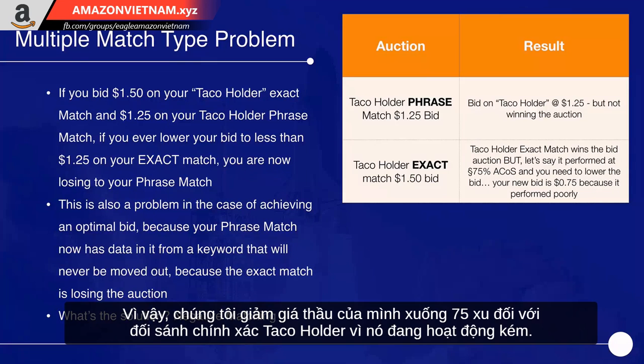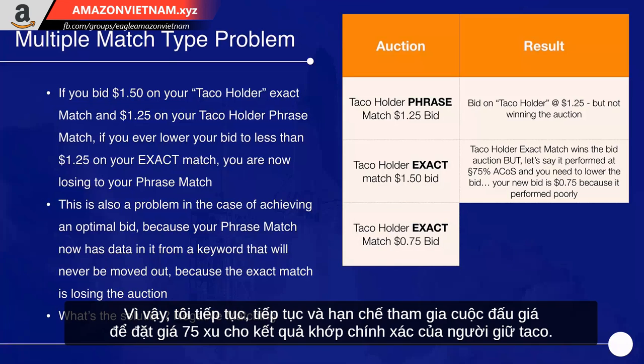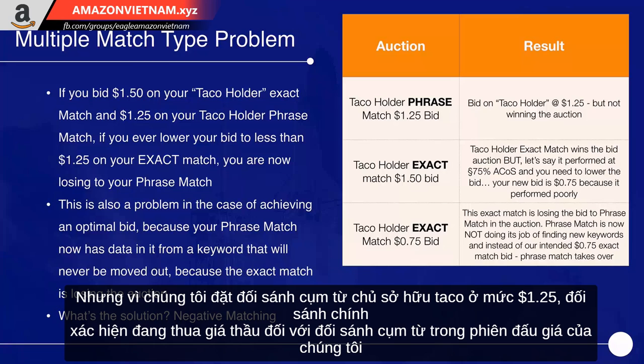So we reduce our bid to 75 cents on taco holder exact match because it's been performing poorly. So I go ahead and instruct the auction to bid 75 cents on taco holder exact match. But because we have taco holder phrase match set at $1.25, the exact match is now losing the bid to the phrase match within our auction.